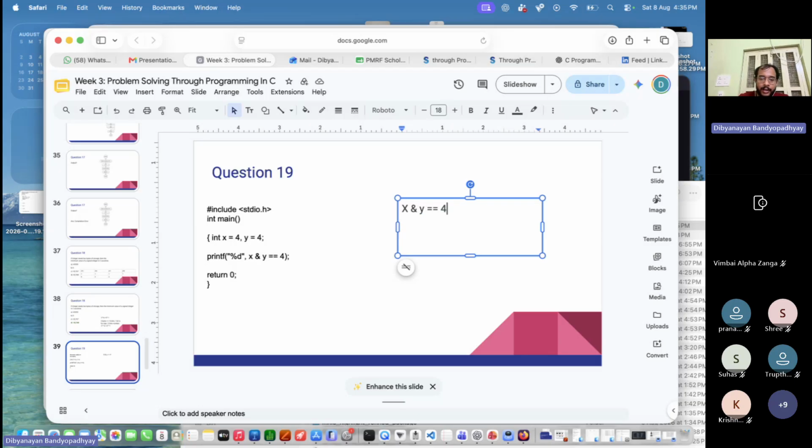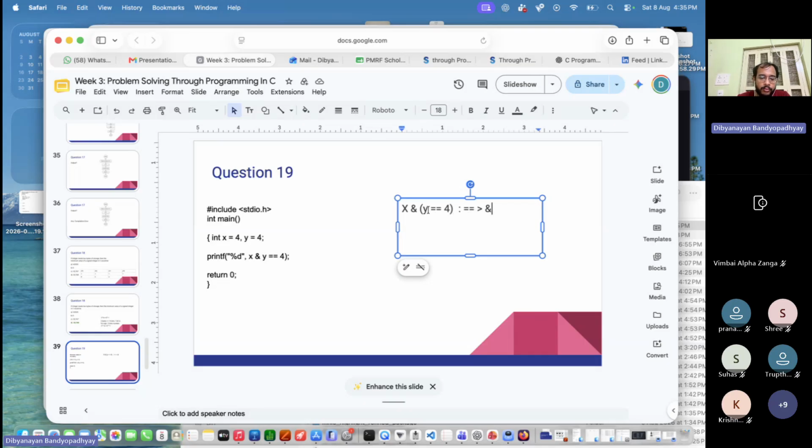So let me put a bracket here. This is happening because, according to precedence, this has higher precedence than bitwise and. These are the things that you have to remember. There is no other way. Most people forget. I also forget from time to time, but you have to keep in touch to remember the precedence of the various kinds of operators.